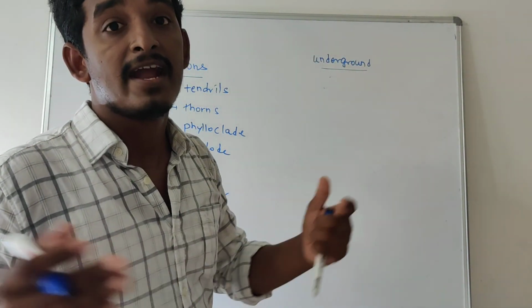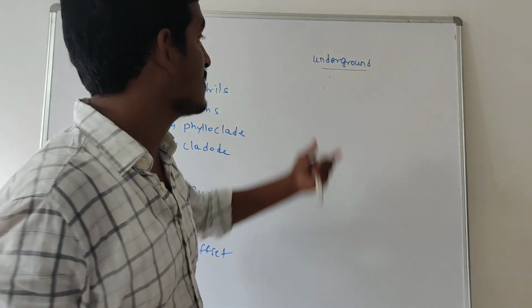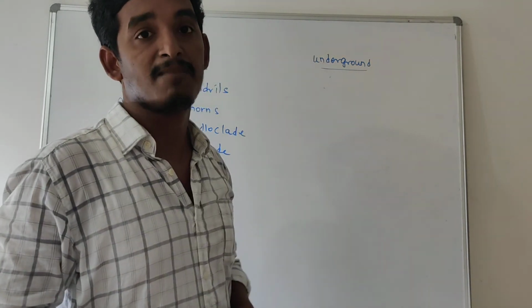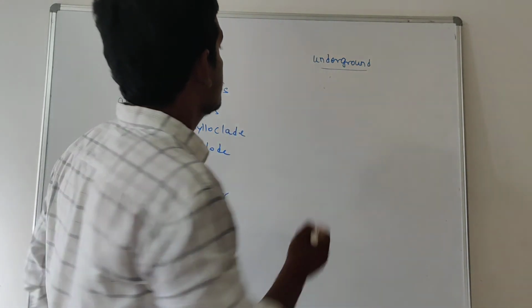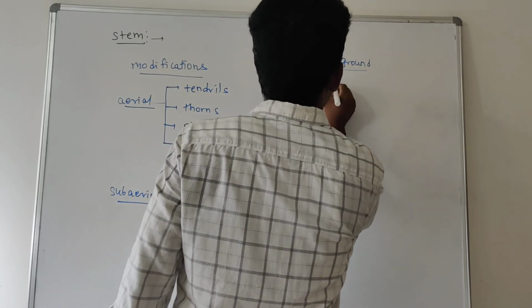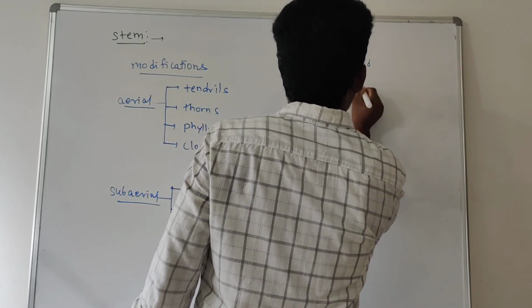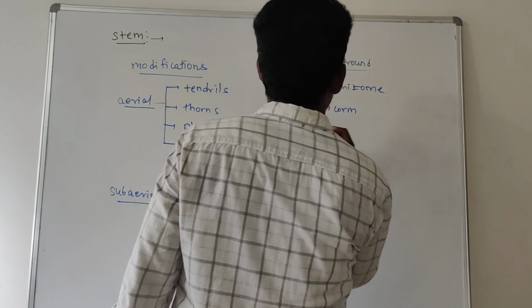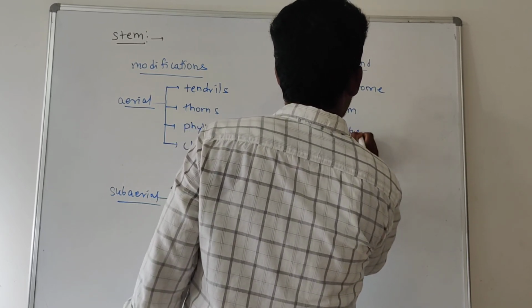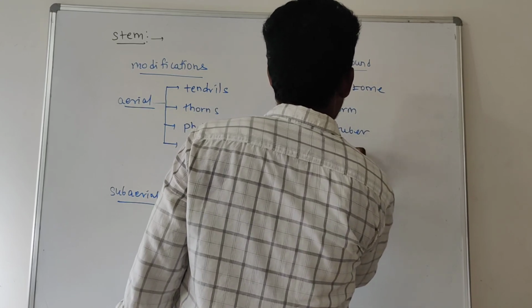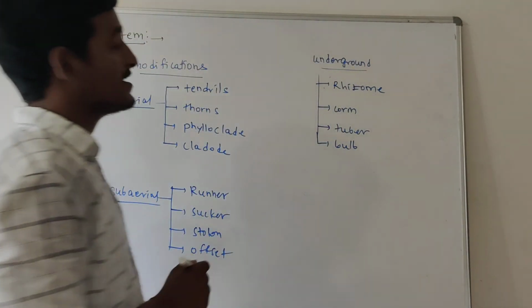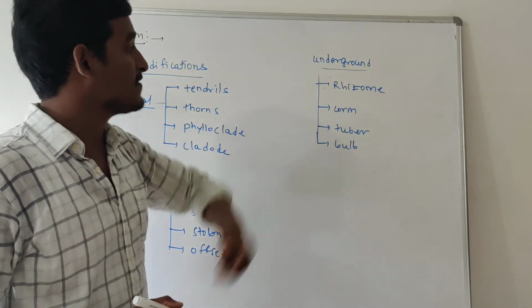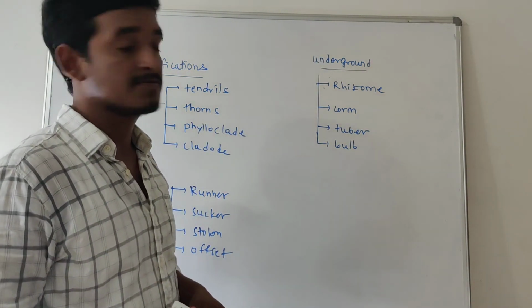That's why they help in multiple ways, and that's why we call them underground stem modifications. These are rhizome, corm, tuber, bulb, right? So these are the four types of underground stem modifications.